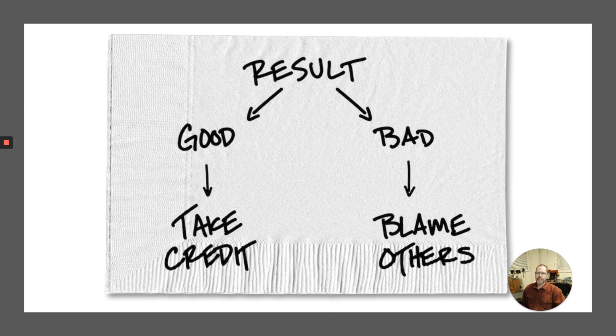Anyway, so the result, just like the previous slide, if it's good, we take credit for it. If it's bad, we blame others. And so let's just put this, it's self-perception, it's the self-serving bias, but it's also a defense mechanism.